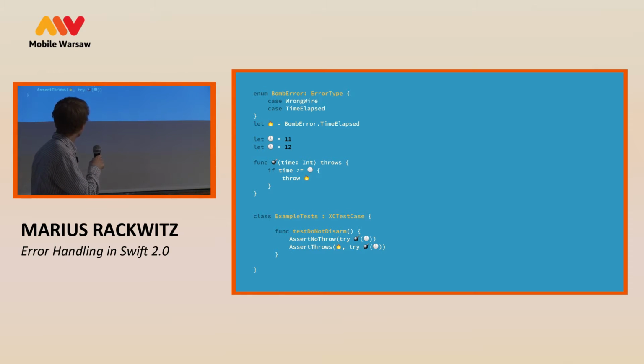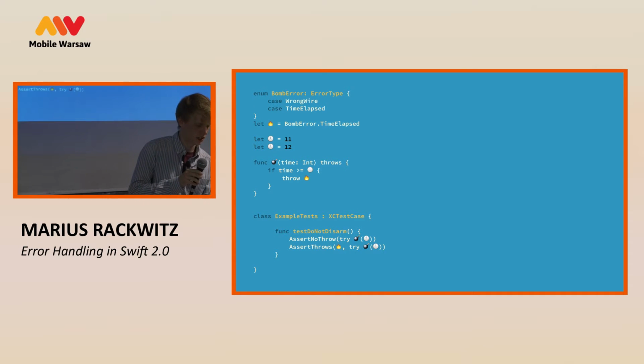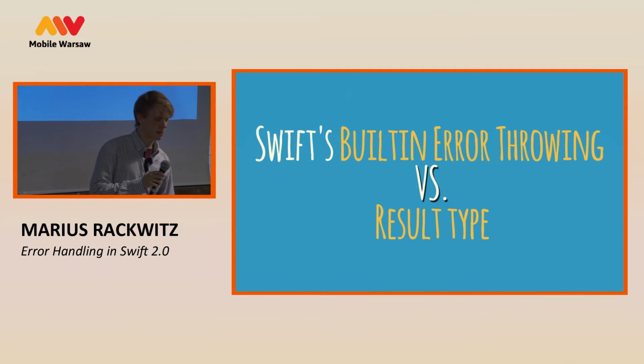So we have an expression in the call, and the assert no throw expects that the closure won't throw. And accordingly, the assert throws expects that there is a specific error thrown. We aliased the bomb error time elapsed to fire emoji. And after that, again, an autoclosure, just to keep it short and simple. Yeah, so much about testing.